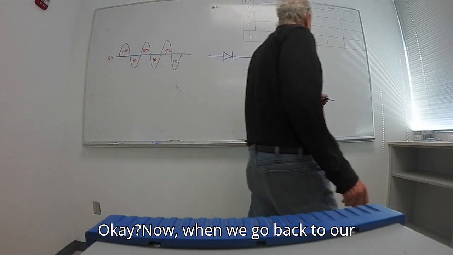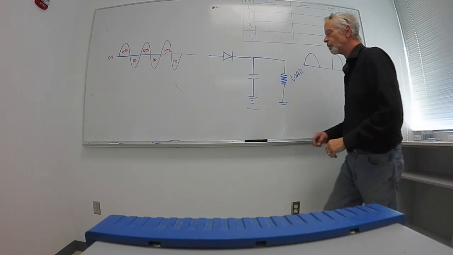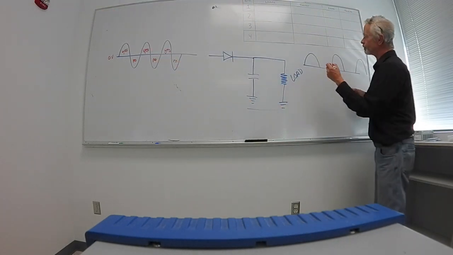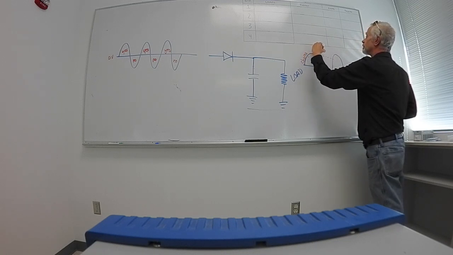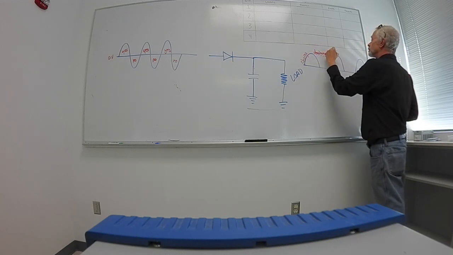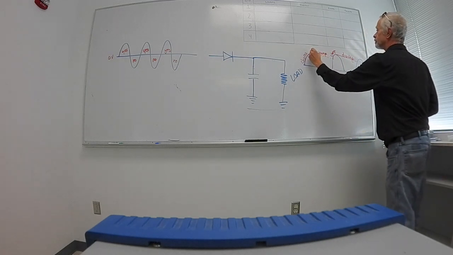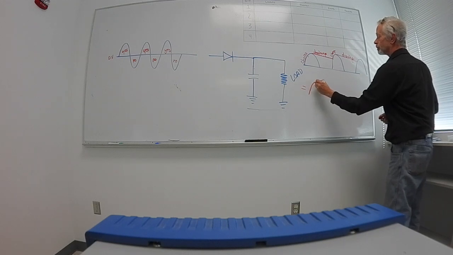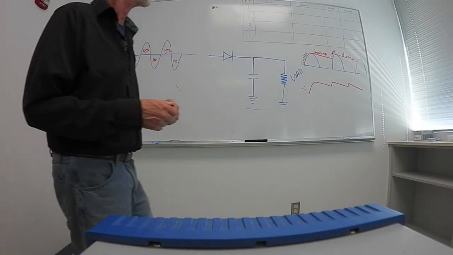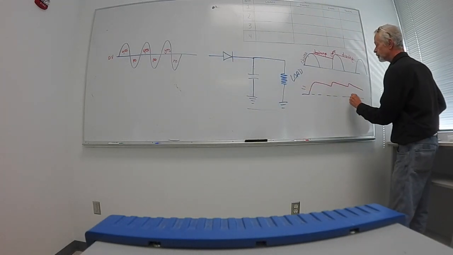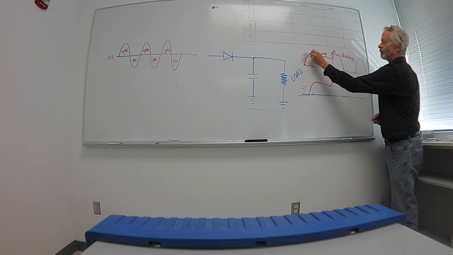Now, when we go back to our Humpty Hump stuff, what we're going to see is the capacitor charges on the positive end.